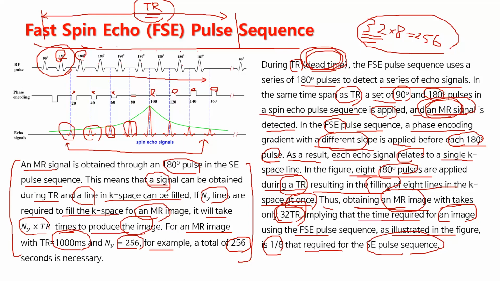But in the fast spin echo sequence, we use 8 180 degree pulses, then the time needed for one MR image is 256 divided by 8, so 32 seconds. Okay.